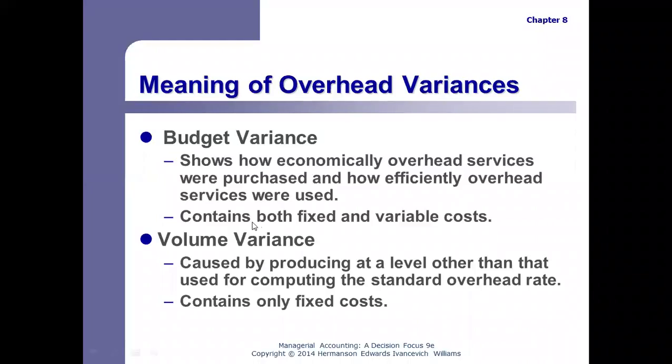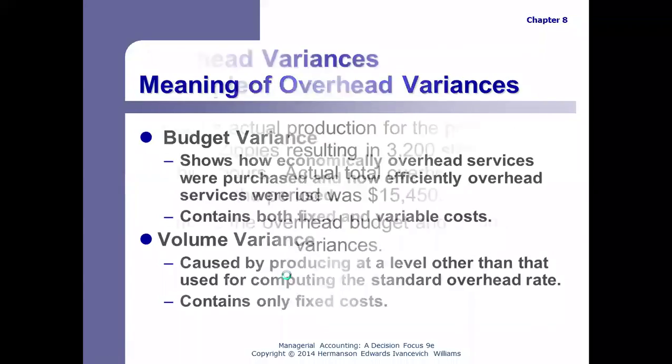Like, did we use less electricity than we thought we would, or more? Those are budget variances. Volume variances, on the other hand, look at just the fixed cost. If we produce more or less than we budgeted, that would spread out the fixed costs over more or less than what we thought it should be spread out over. So those are the two different variances for overhead.